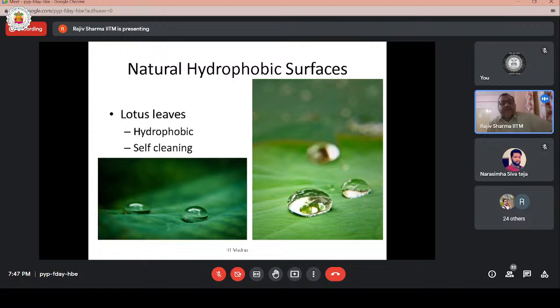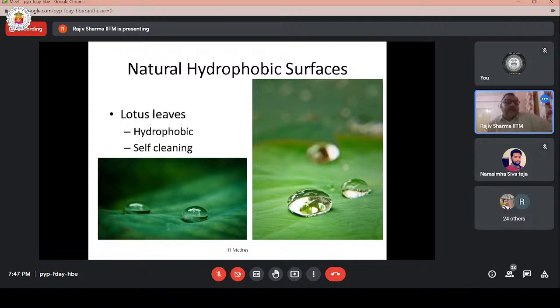It remains as a drop. And the drop remains as a drop without breaking. It remains in a particular shape with particular size. That motivated people to see what is so special about the leaves of lotus or leaves of most of the flowers.